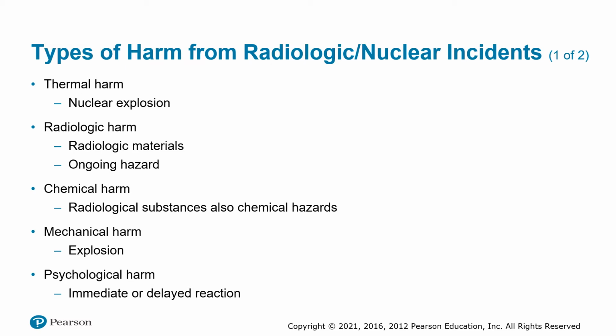Your TRACEMP for radiologic and nuclear incidents: thermal harm, you're going to have a nuclear explosion. Radiological harm, you're going to have radiologic materials with an ongoing hazard as well. Chemical harm, the radiological substances are also chemical hazards. Mechanical harm, you're going to have explosions, and psychological harm is going to be either immediate or delayed.